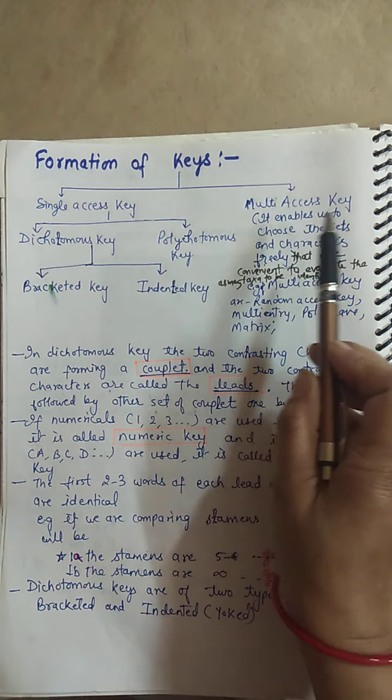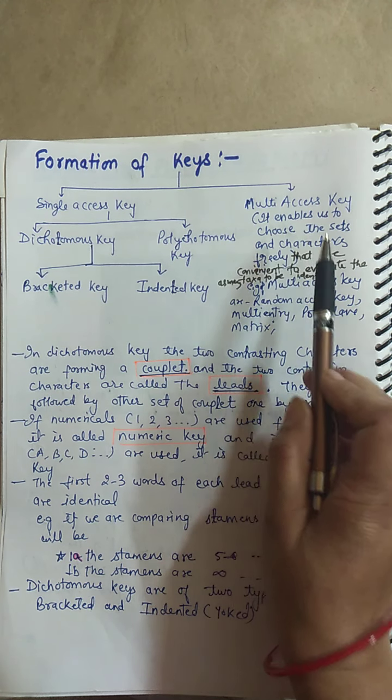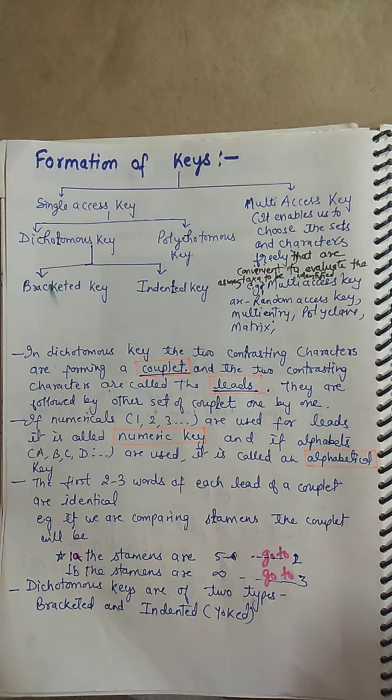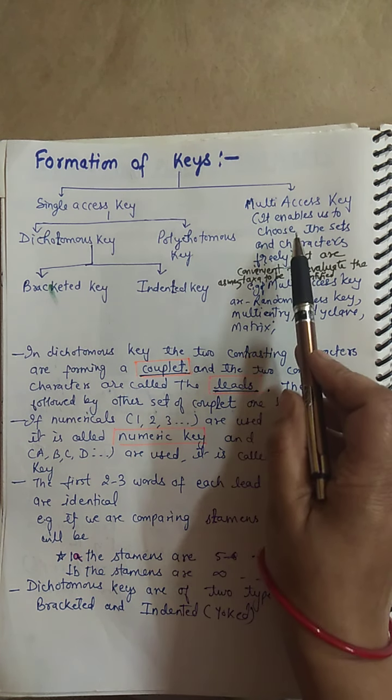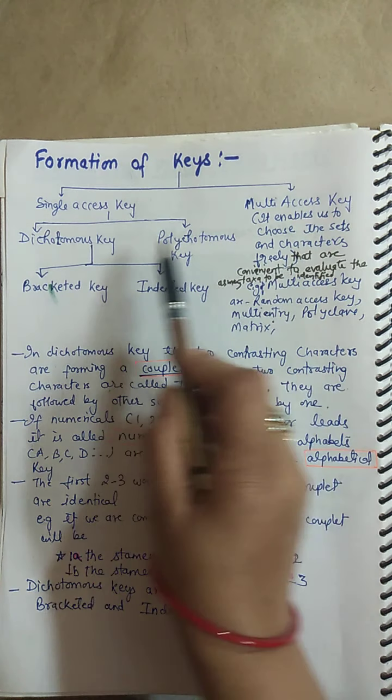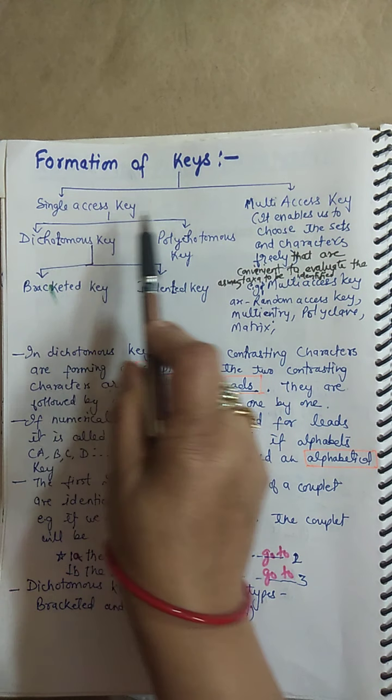While a multi-access key enables us to choose the sets of characters freely. Hence, it is convenient to evaluate as many items or taxa to be identified at a time. Hence, the multi-access key is more advantageous over the single access key.